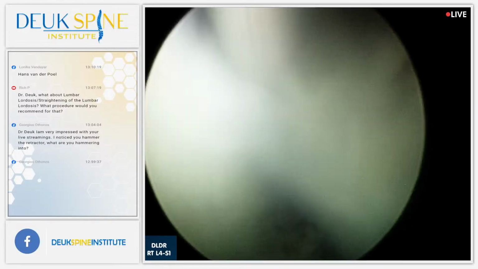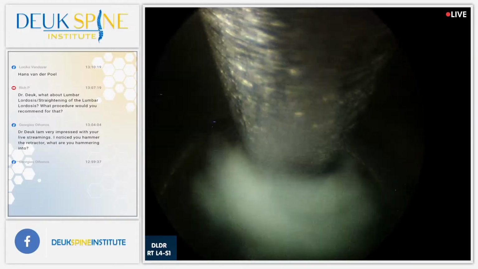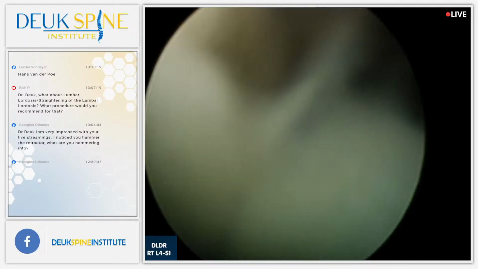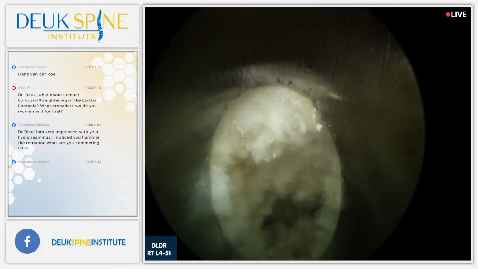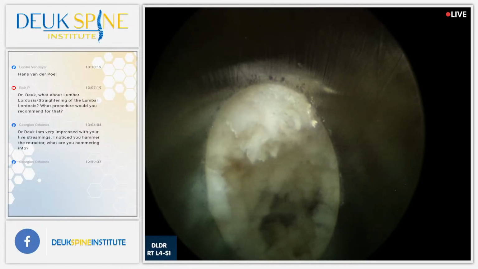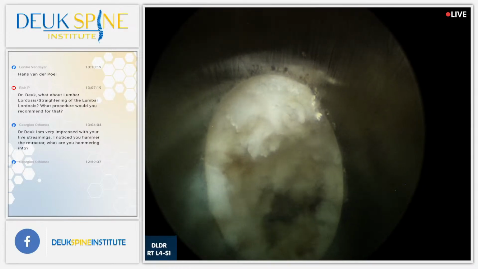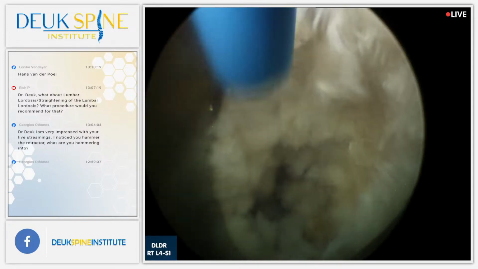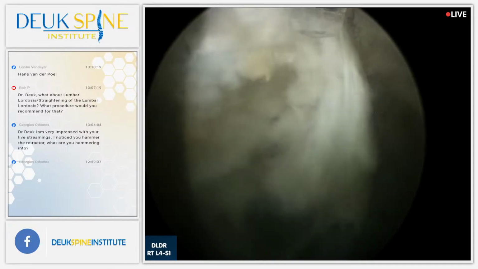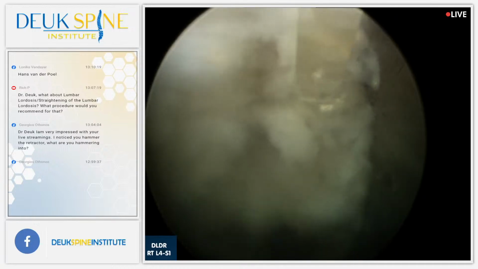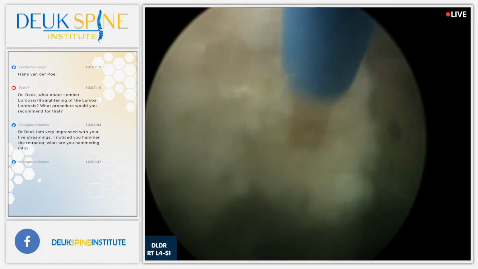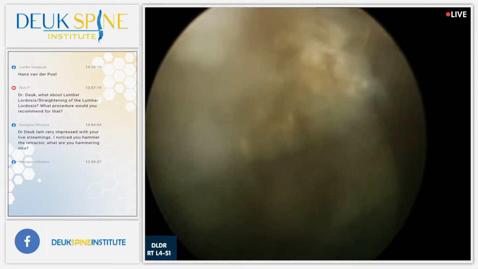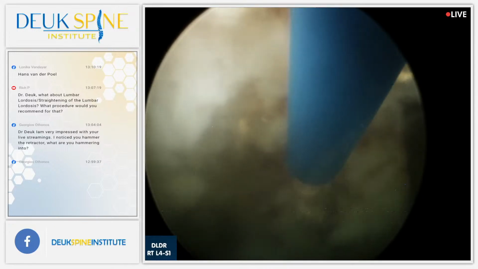And then I would put in some screws and rods, and if I needed more lordosis or deformity correction, then I would just put in excessively contoured rods that are more bent than your spine, and I would reduce the spine to the rod using a reducer. I would do all of this on a Jackson spinal table so that you have the benefit of the table helping use your weight and gravity to reduce your spine into lordosis.